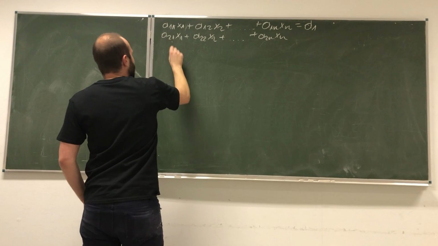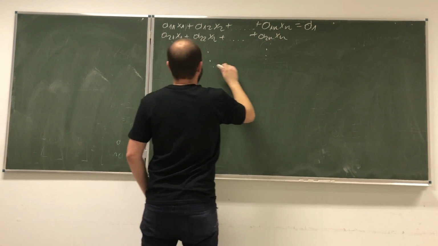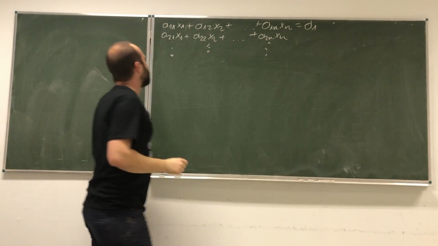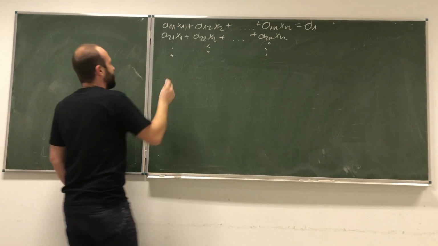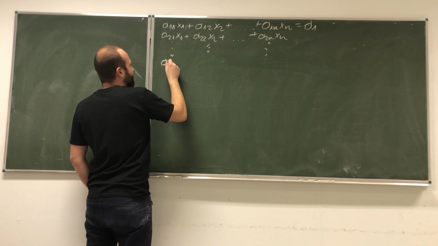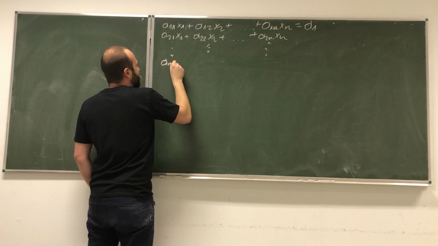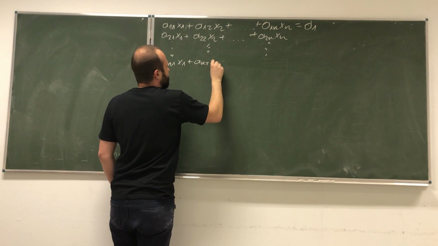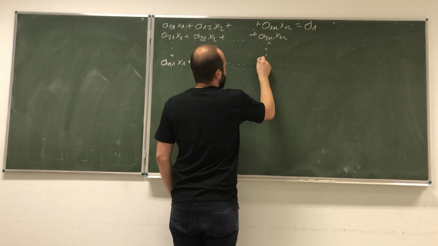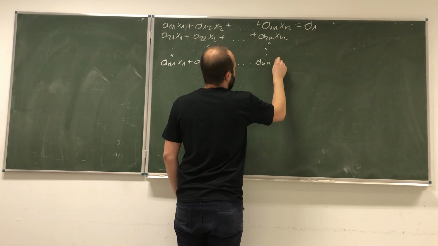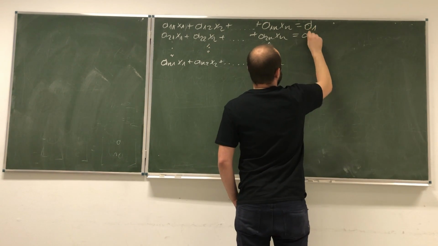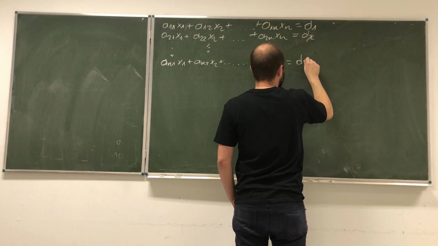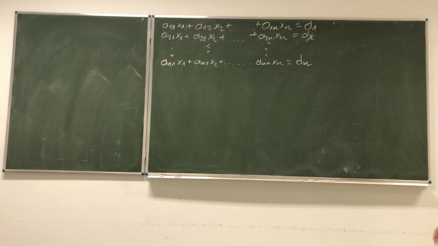And look, we would have a lot of equations like that until we would go to the final equation, equation n, which would start with an1 x1 plus an2 x2 plus until ann xn. This is equal to d1, and this is equal to d2, and this is equal to dn. Okay.